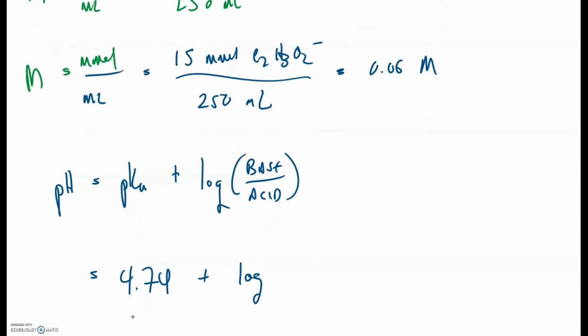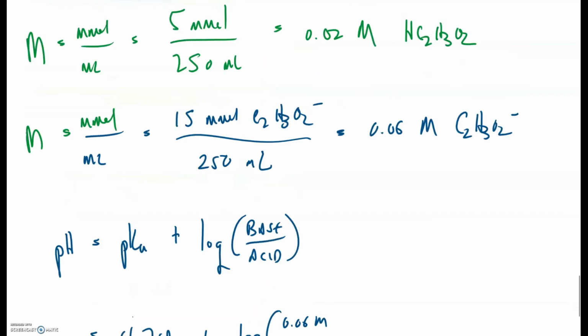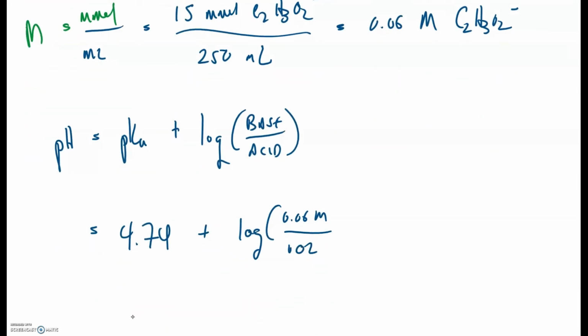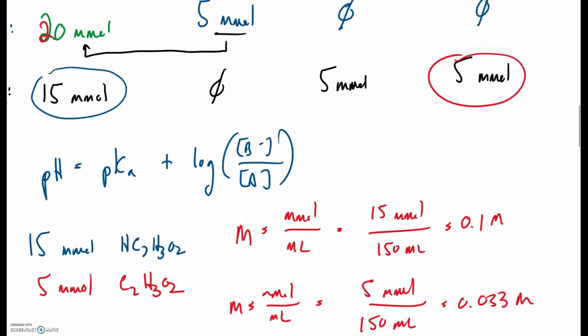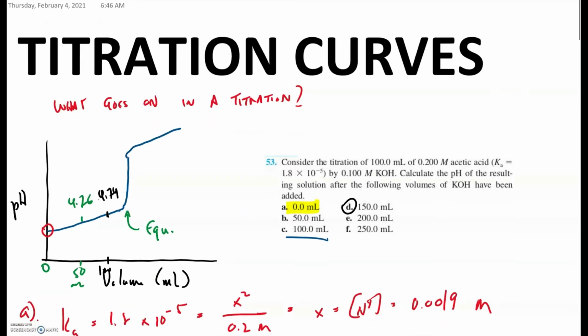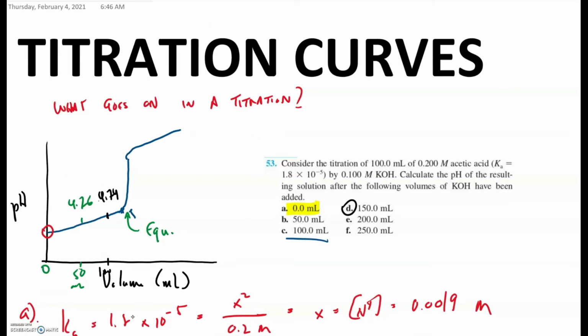Concentration of acetate, this stuff, is 0.06 molar, and concentration of acid is 0.02 molar. 4.74 plus log of 0.06 divided by 0.02 is 5.217. So right here at the very edge of our curve, we have a pH of 5.217, and that's at 150 milliliters of base.